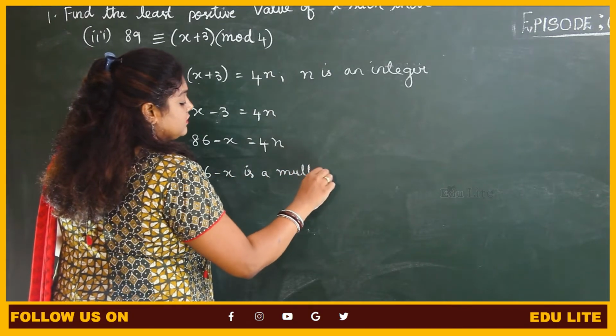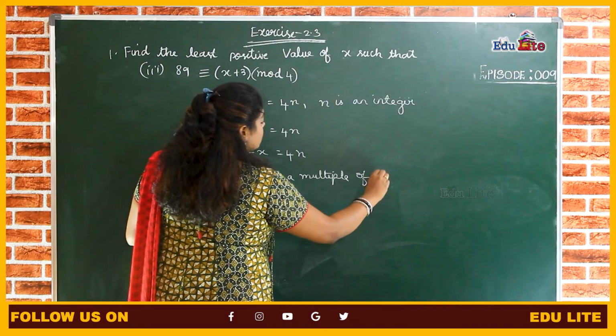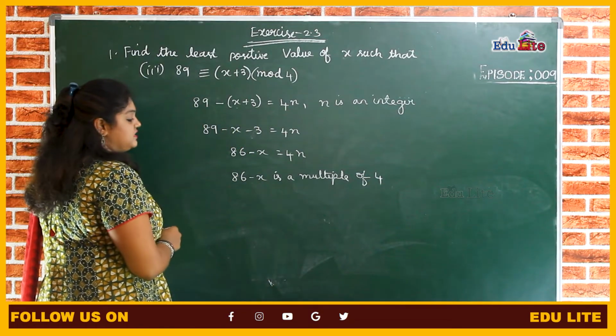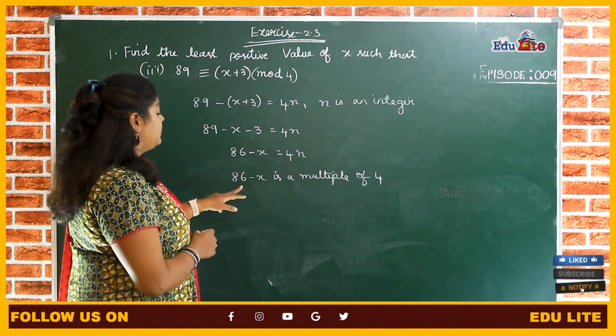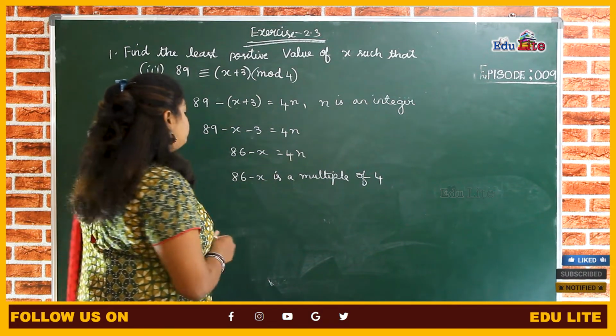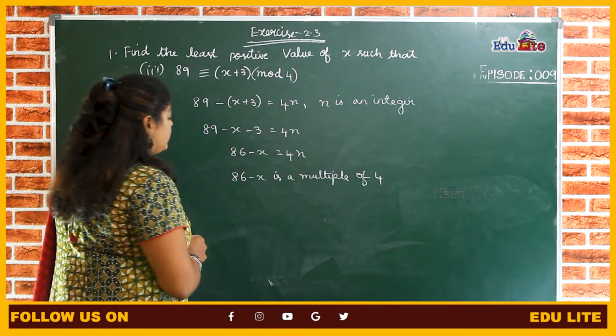This represents that 86 minus x is a multiple of 4. So now we have to choose the value of x in such a way that after subtracting the chosen value from 86, we get a multiple of 4. So let us choose x equals 2.